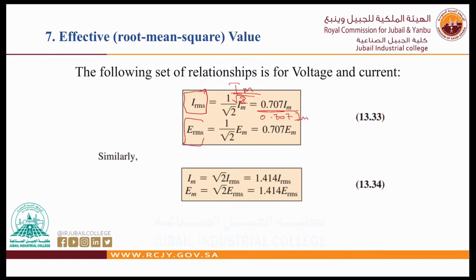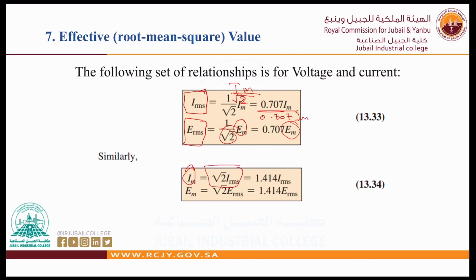If you need to find the RMS value, you should just divide EM over root 2, or multiply 0.707 with EM. Now if I need the maximum or peak value of IM, it is the opposite, just as I explained to you before: root 2 multiplied by IRMS.